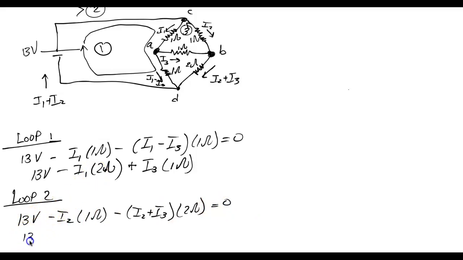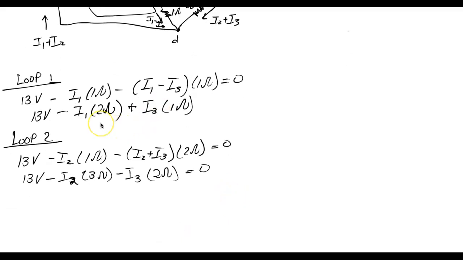And again, if we simplify this a little bit, we get 13 volts minus 2 I2, and a minus I2 times 2 ohms, so that's a minus I2 times 3 ohms. So then we have a minus I3 times 2 ohms equals 0.